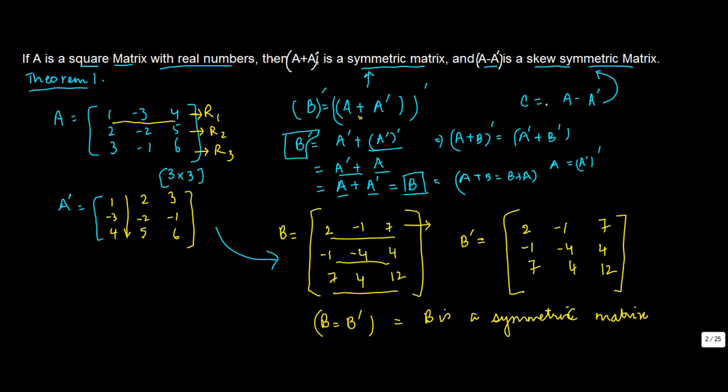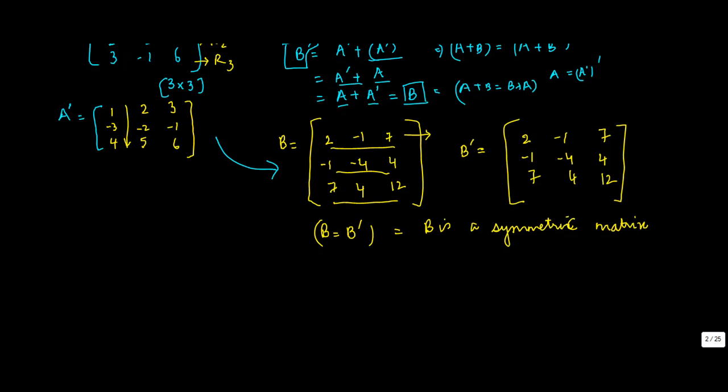Right? Now let's see the second one. C is equal to A minus A transpose. Again, let's take the transpose of both the sides.